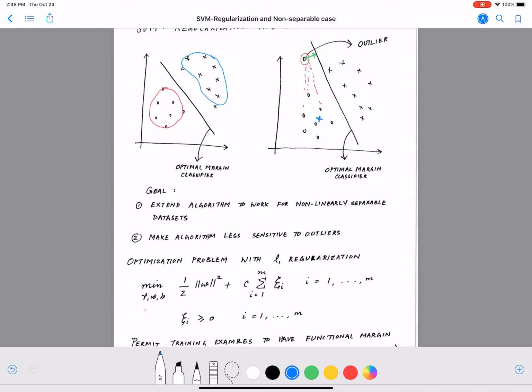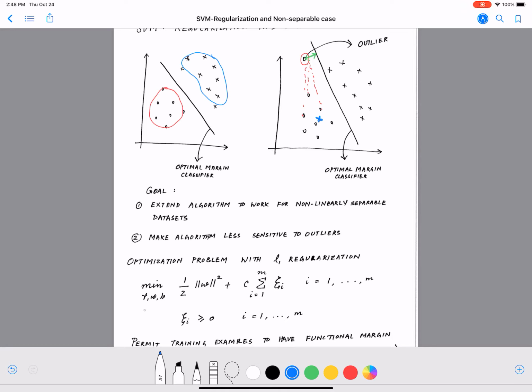Now we know that this cross may not be rightly recorded because all the crosses are on the other side, right? There's one which is really amidst all these circles, so maybe it is a circle, but we are not sure. So we have this data point, and we want our model to be less sensitive to these points.